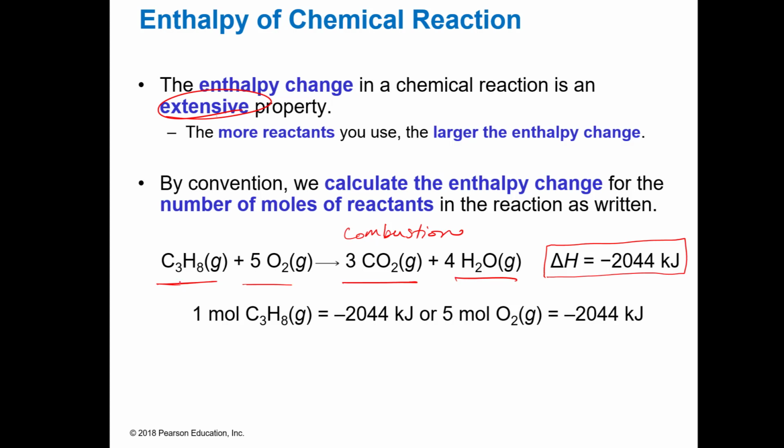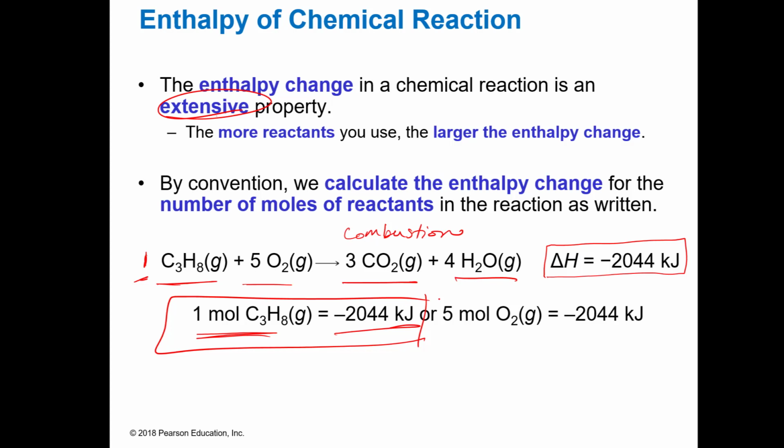All right, so in this particular case, you've got 1 mole of propane. So for 1 mole of propane, you're producing a negative 2044 kilojoules. You're also, for every 5 moles of oxygen, producing that. But we typically think of it in terms of whatever the fuel is, okay, because oxygen probably wouldn't just sit there if it didn't have something to act on.